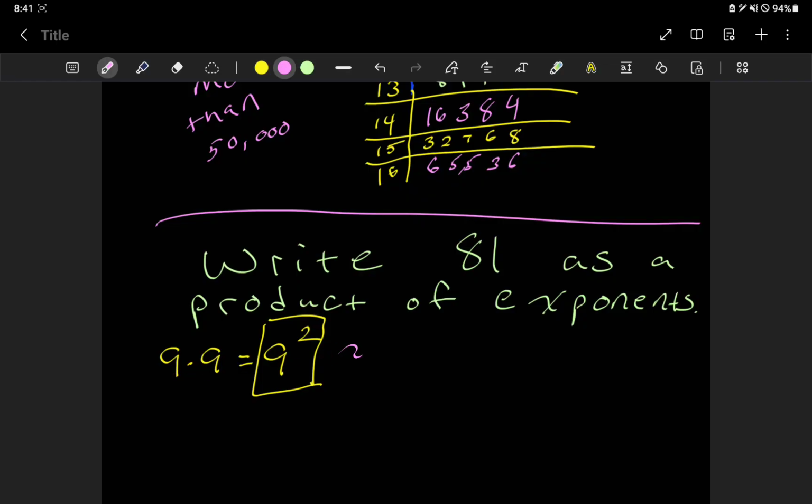Well, 9 is 3 times 3. So I can do 3 squared times 9. And that's an answer. I can do, since 9 is 3 squared, I can do 3 squared times 3 squared.